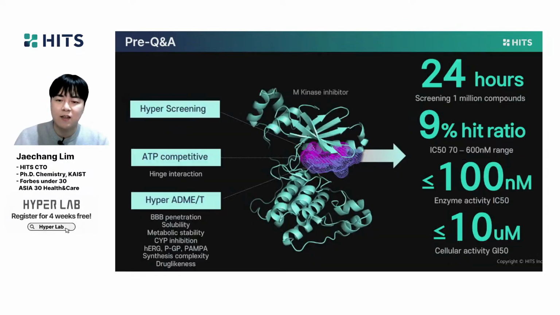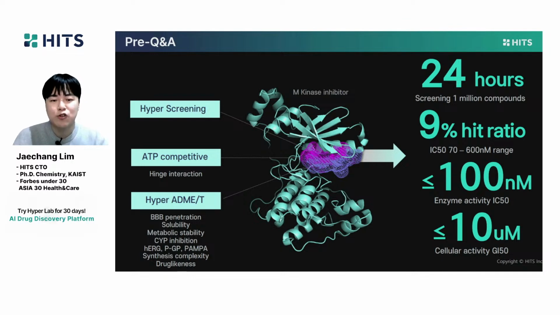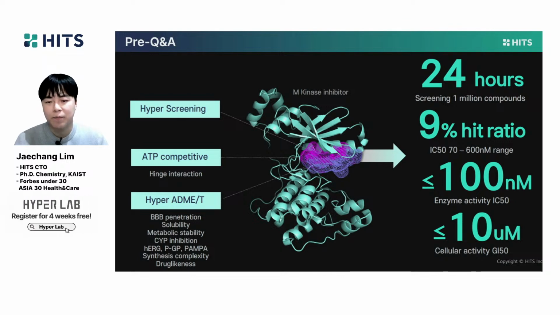And let's see in actual experiments. I'm not sure about the performance of other tools, but here's an example of an internal experiment that we conducted through a CRO using HyperLab. We screened 1 million compounds for a specific kinase target using HyperLab and selected the top 100 and filtered them.